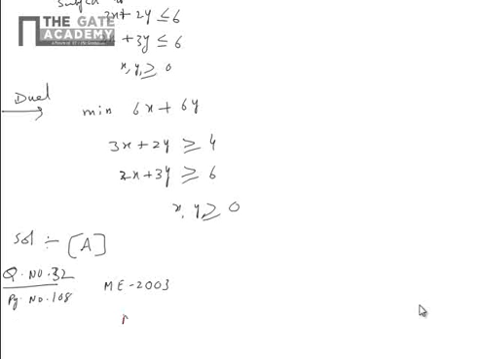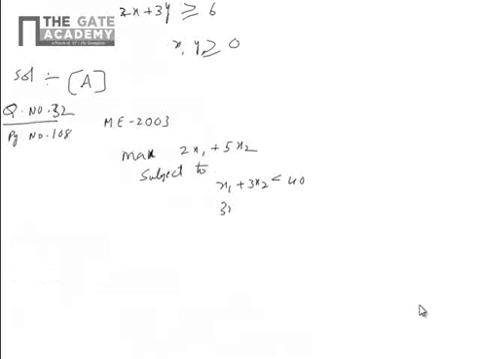So profit means always maximizing profit, right? So maximize 2x1 plus 5x2, subject to two constraints: x1 plus 3x2 less than or equal to 40, 3x1 plus x2 less than or equal to 24.